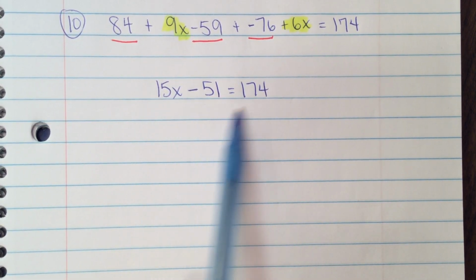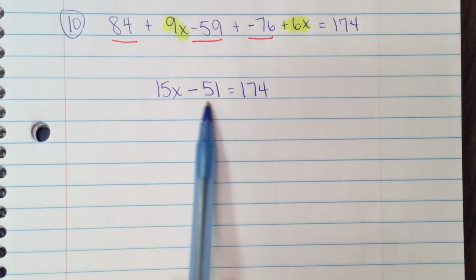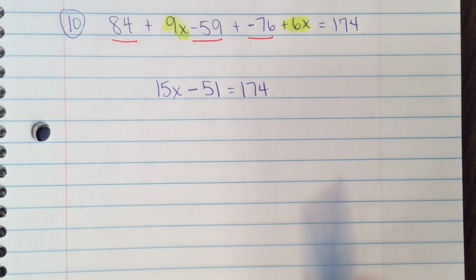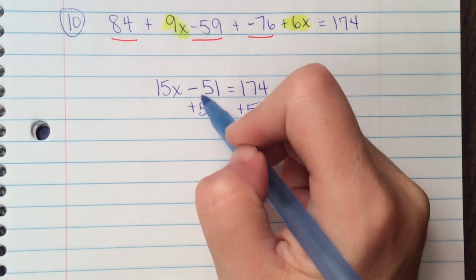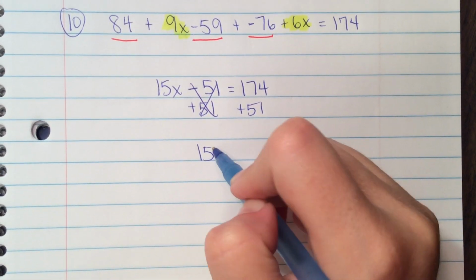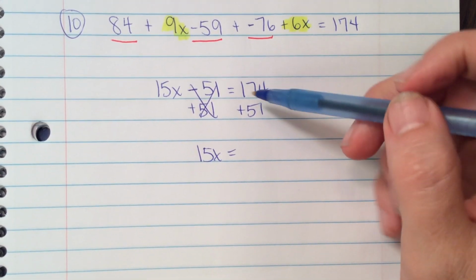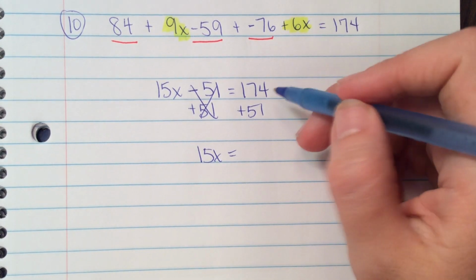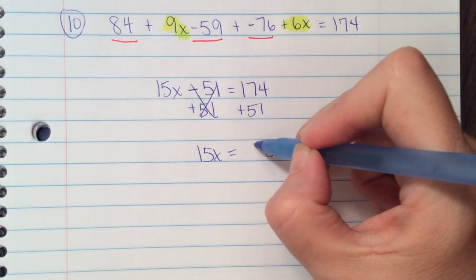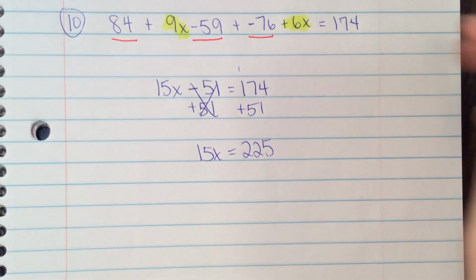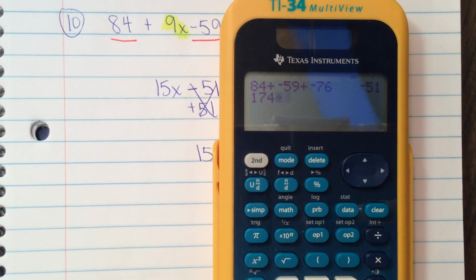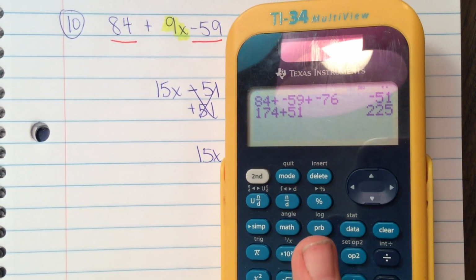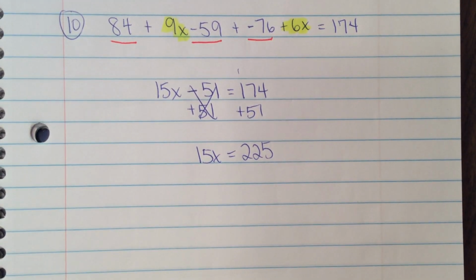This is just a 2-step equation, and all I need to do now is solve it. I'm going to add 51 to both sides, and I get 15x equals, let's add this up, and I'll check myself just to make sure I didn't do any crazy math, and I got the same thing.